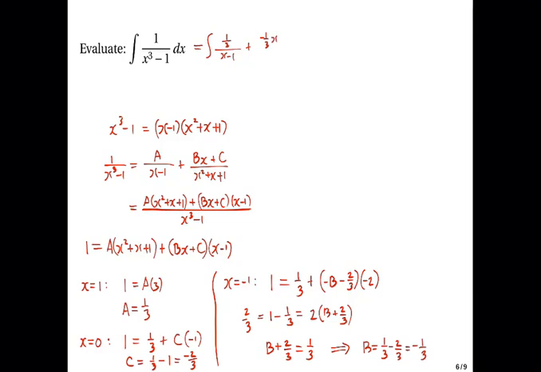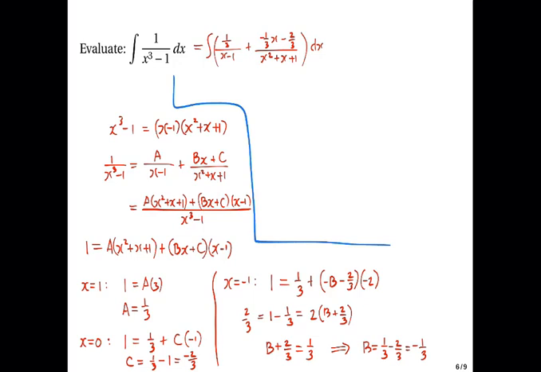And then here we have c equals negative 2/3. So minus 2/3 all over x squared plus x plus 1 quantity dx. Okay? Then we continue our solution.